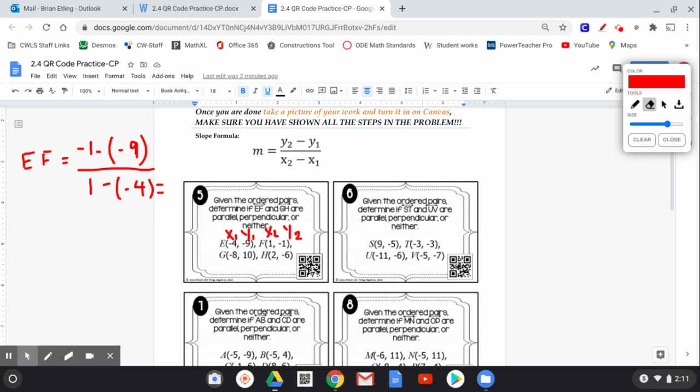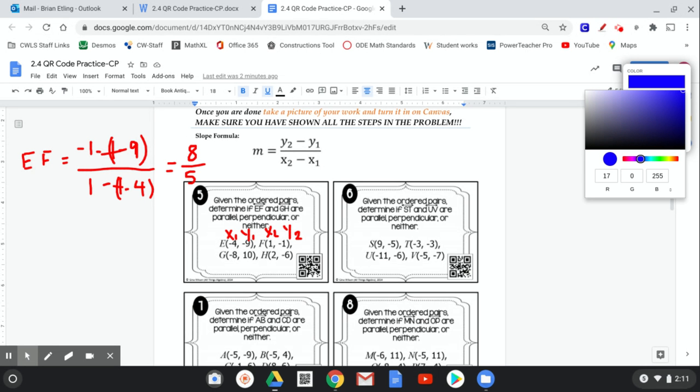So what you're going to do is do the -1, and then this is basically saying +9, okay? So -1 plus 9 would give you 8, okay? 8 over -1 plus 4 would give you 5. So 8 over 5. If you can reduce that fraction, please reduce this, okay? All right, 8 over 5, we can't reduce that any further, so that's it.